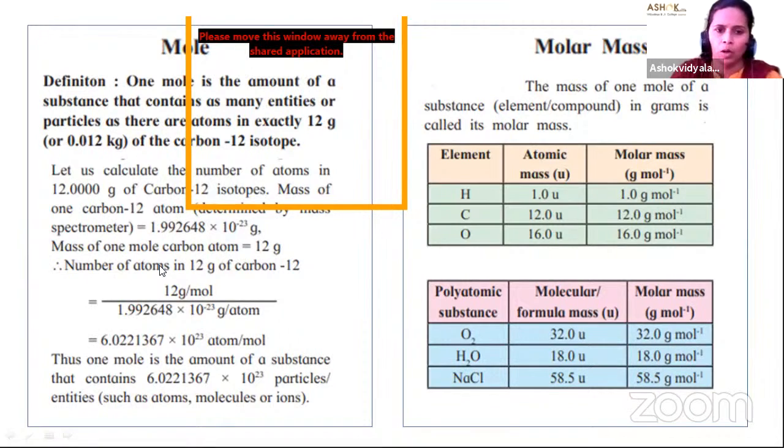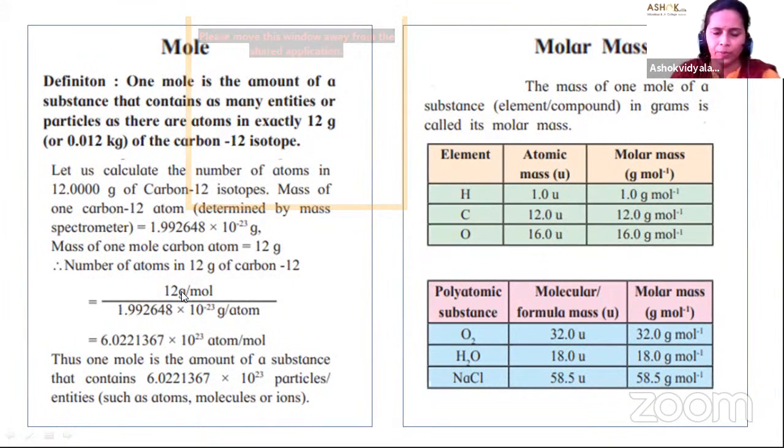And we know that the mass of 1 atom of carbon is 1.992648 into 10 raised to minus 23 gram. So simply we divide the mass of 1 mole of carbon atoms, that is 12 gram, by the weight of 1 atom of carbon, that is 1.99 into 10 raised to minus 23. So we get 6.022137 into 10 raised to 23 atoms per mole.